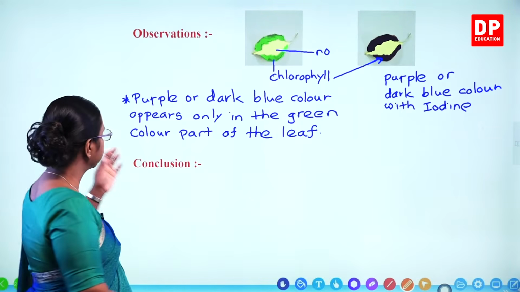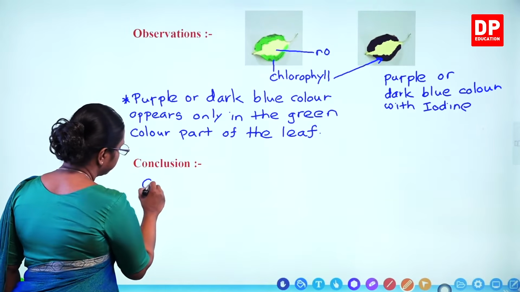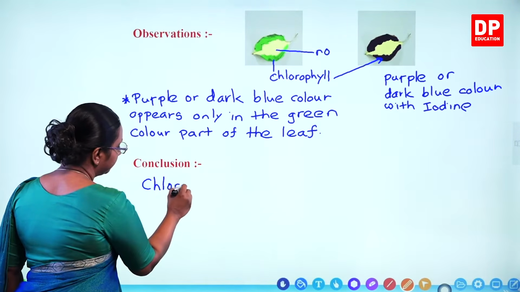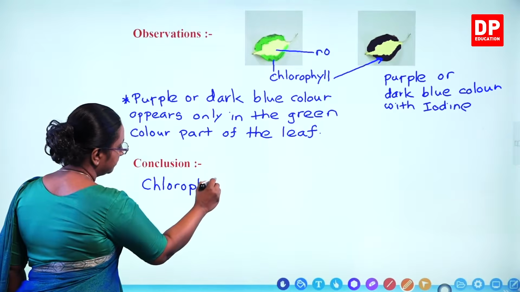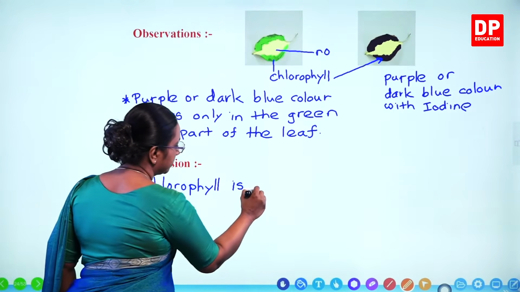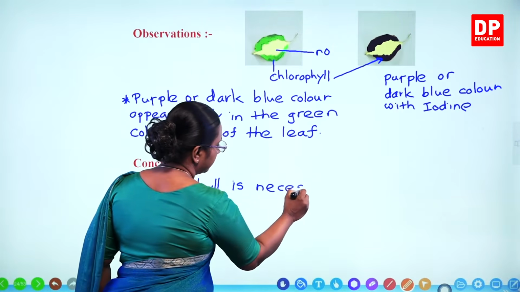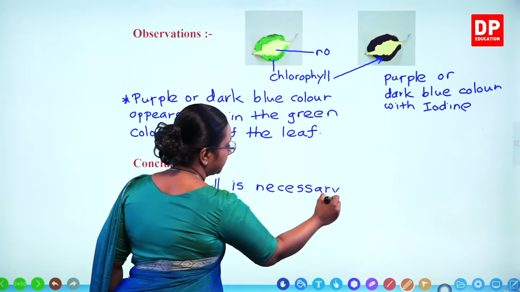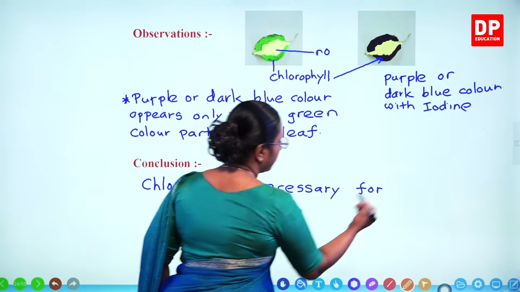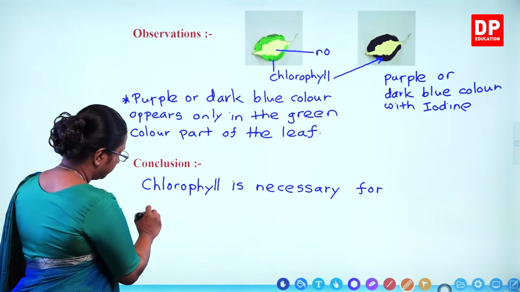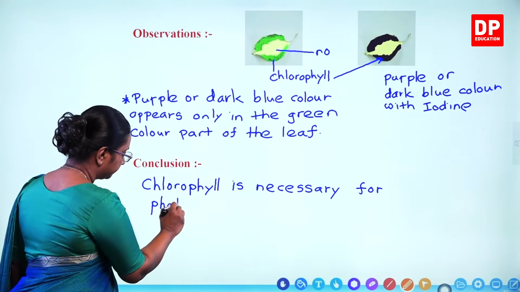So from this we can conclude chlorophyll is necessary for photosynthesis.